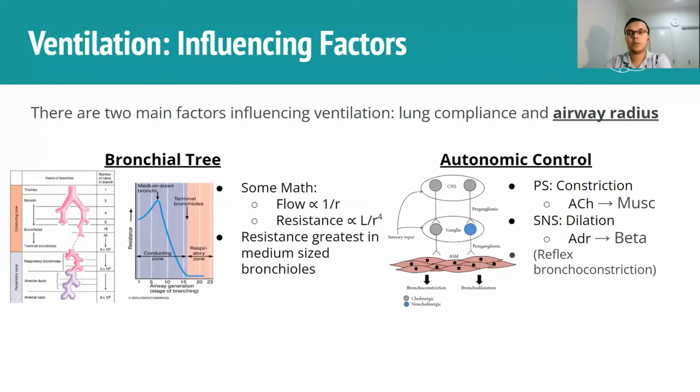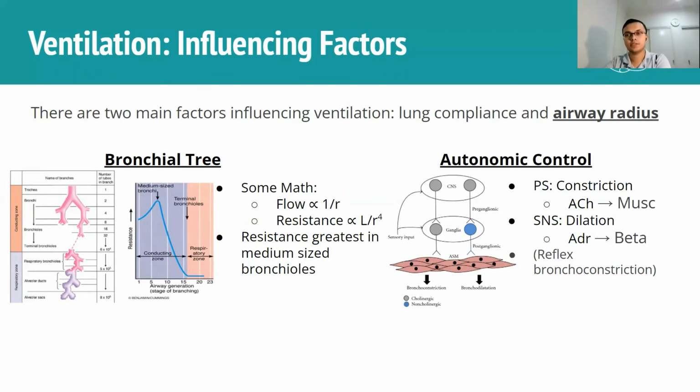You don't really need your airways to be as open because you're resting and digesting. You can sort of relax a bit more. And so you can think of that as being the reason why you have bronchoconstriction happening and your airways become narrower as the smooth muscle around it contracts. And the key chemicals to keep in mind here are acetylcholine from your parasympathetic nerves affecting muscarinic receptors on that smooth muscle cell.